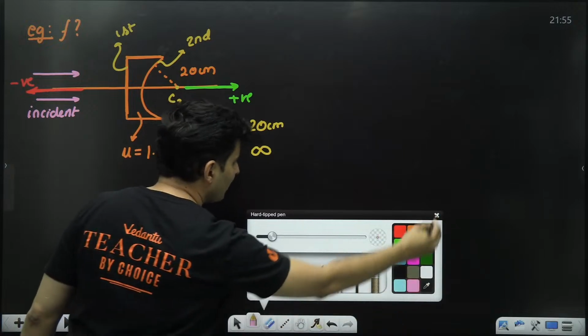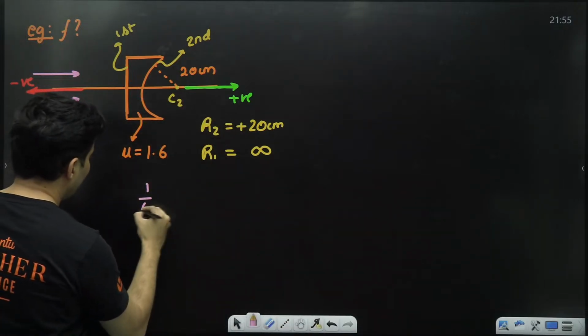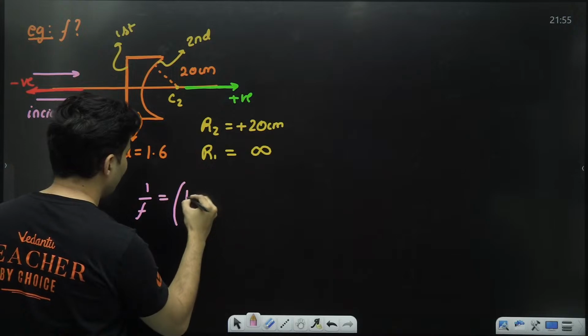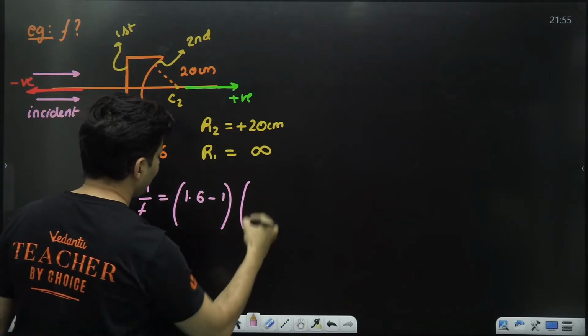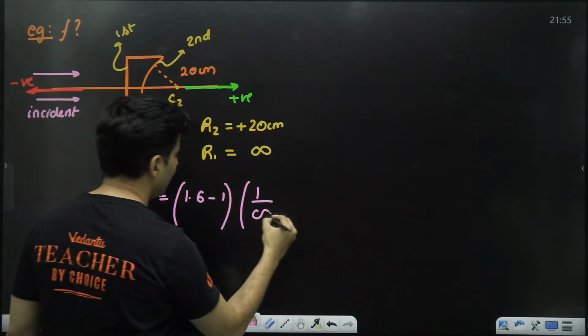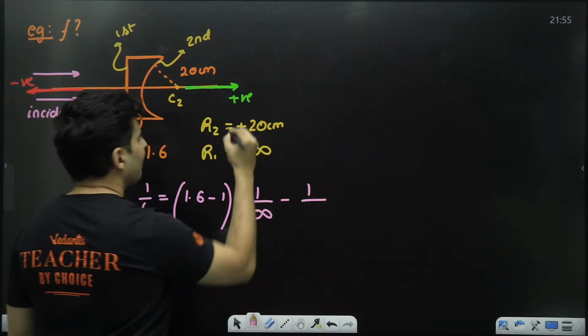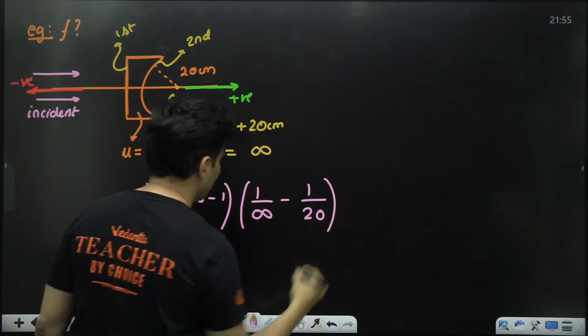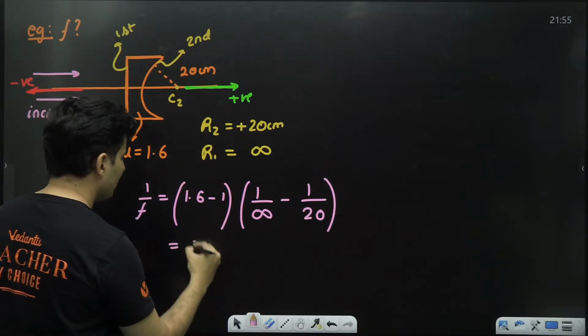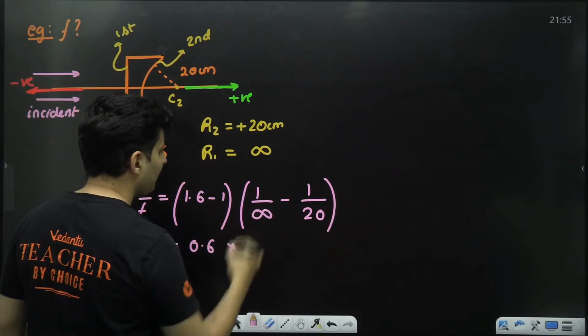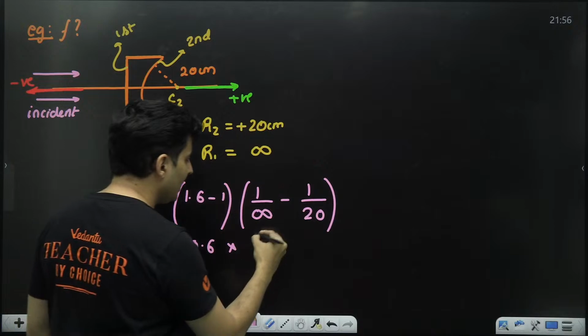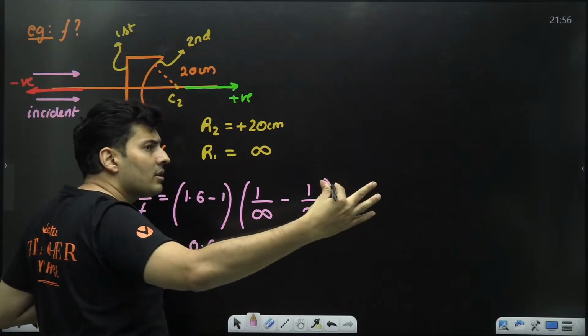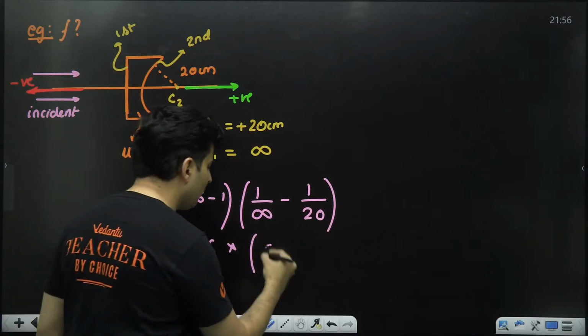Oh, sir, it is simple, sir. 1 by f is equal to mu minus 1, that is 1.6 minus 1, times 1 by R1 minus 1 by infinity. R1 is 20 positive. What is this 1 by infinity? 1 by a very large number, a very tiny number, 0.